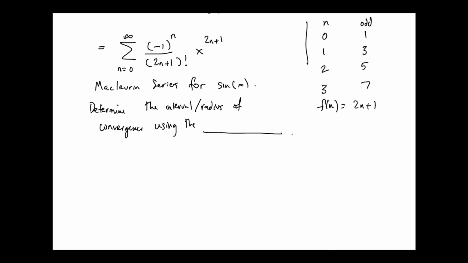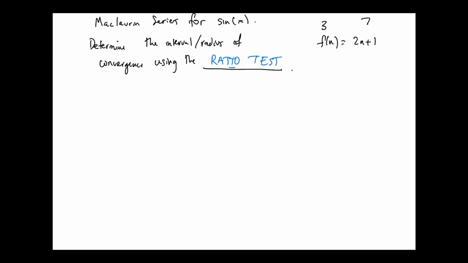Will? Okay. So you're going to use the ratio test, right? Let me give you a hint. The test you need to do rhymes with Schmatio test. So let's do the ratio test to determine where this thing converges.